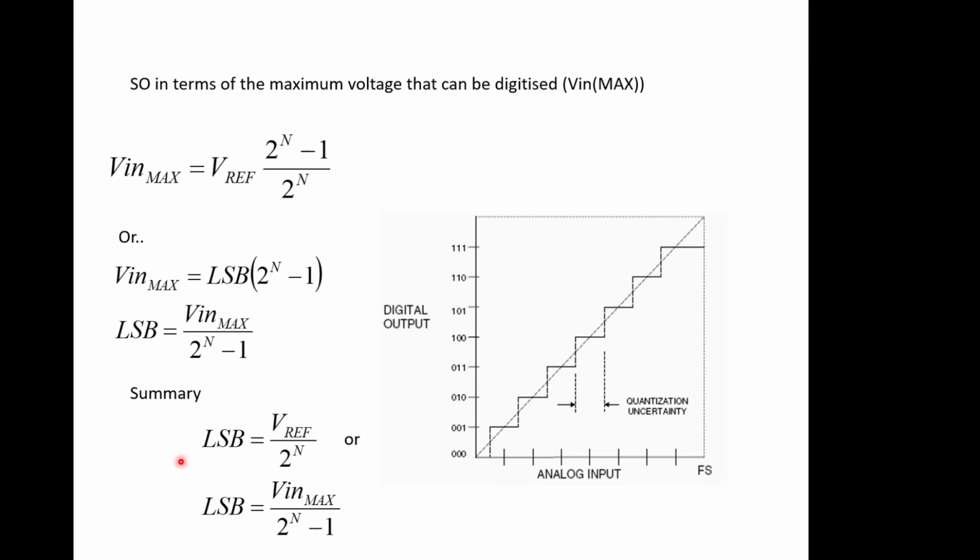So there are 2 definitions of LSB, which are the same as long as we're consistent. It can be VREF, which is an internal reference voltage within the converter, divided by 2 to the n, or it could be, if it's defined in terms of Vin max, the maximum useful voltage you can apply to this system, Vin max over (2^n minus 1). So you just got to be a bit mindful when reading data sheets as to which they're using as their definitions and why.